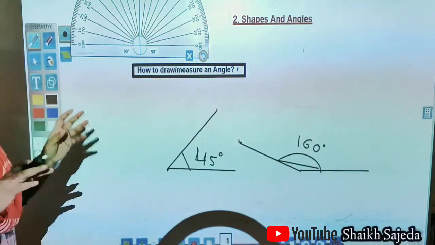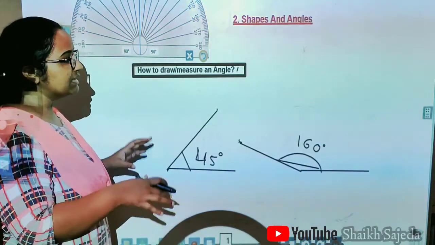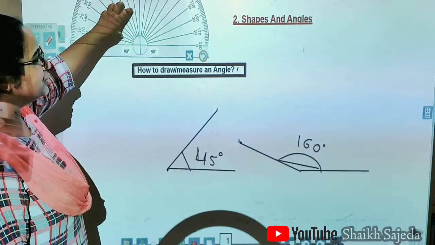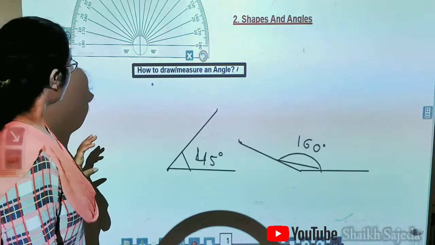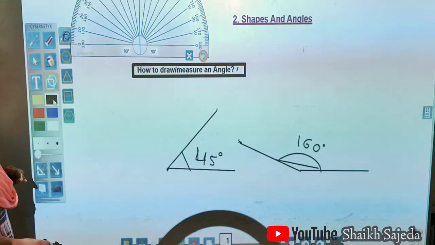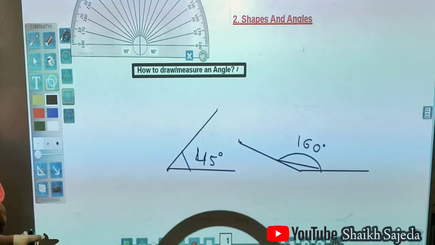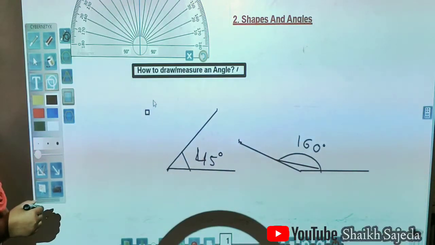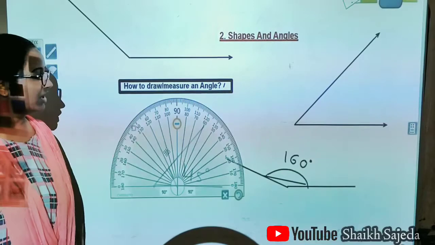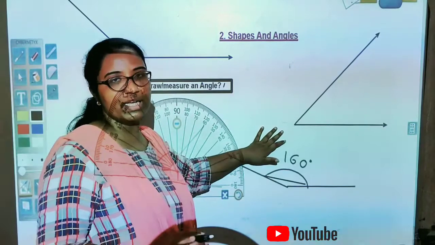Now suppose one angle is already given and you have to measure what is the degree of that given angle. At that time also you have to use this protractor. For example, suppose here one angle is given. Now here you can see that 2 angles are already given.